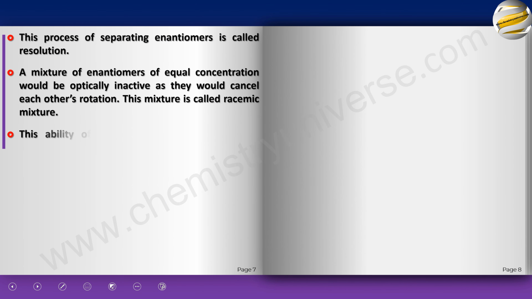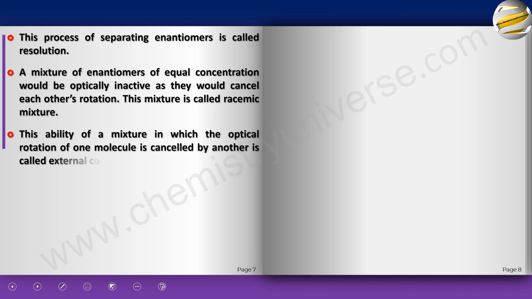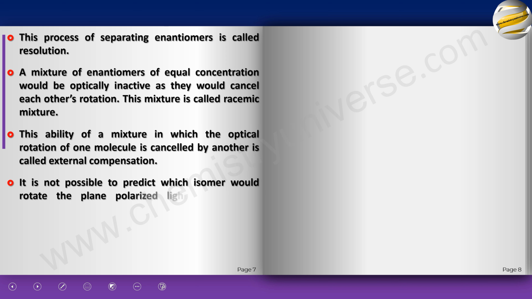The phenomenon in which the optical rotation of one molecule is cancelled by another is called external compensation. And it is not possible to predict which isomer would rotate the plane polarized light clockwise or anti-clockwise just by looking at a molecule. So generally it is not possible to look at a molecule and decide, okay, this is going to rotate clockwise and this is going to rotate anti-clockwise. There's no way of doing that.